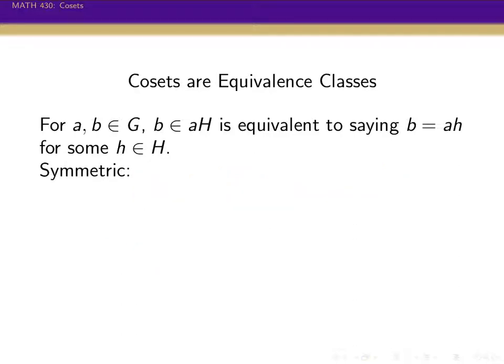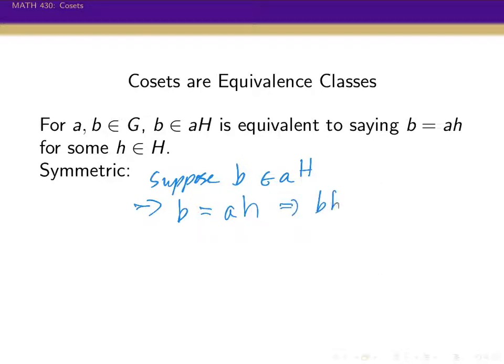This is symmetric, so suppose B is an element of AH, and as we see up here, this means that B is equal to A times h. Well, if we multiply both sides by h inverse, we have B h inverse equal to A h h inverse.